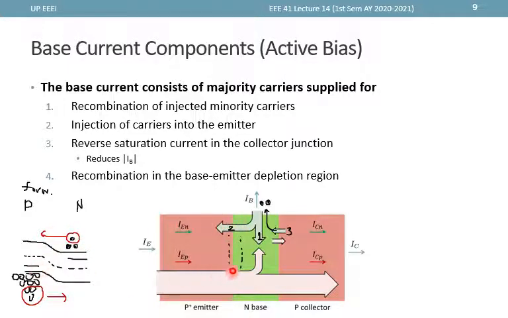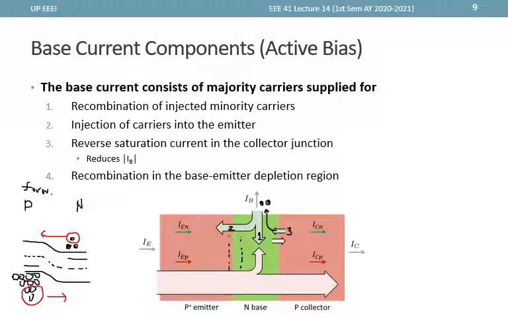Since carriers are crossing the device, there are more electrons in this region and more holes in this region than normally under equilibrium, so recombination would dominate. However, it is harder for the crossing electrons and crossing holes to recombine, since the energy difference is larger.